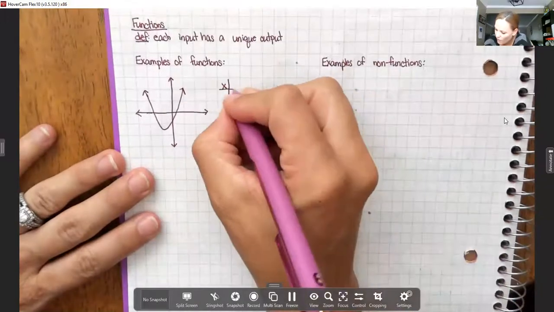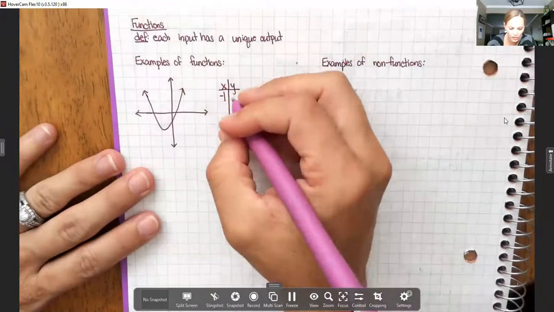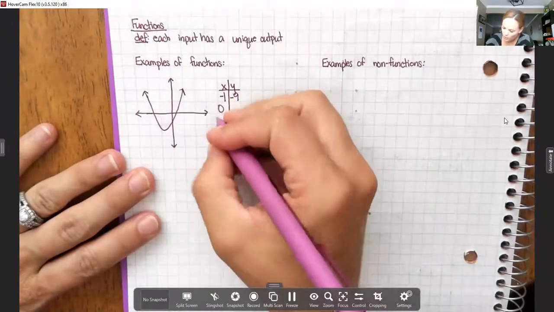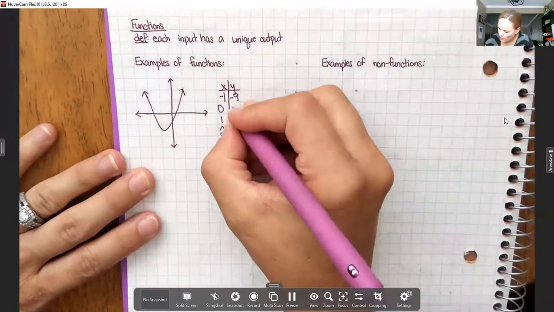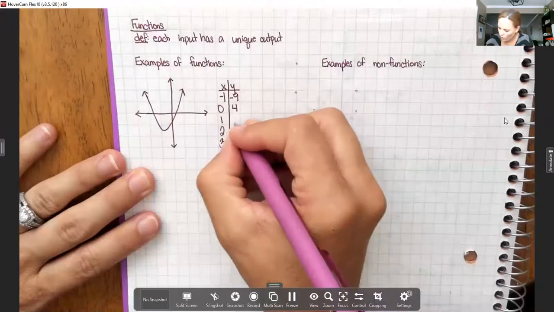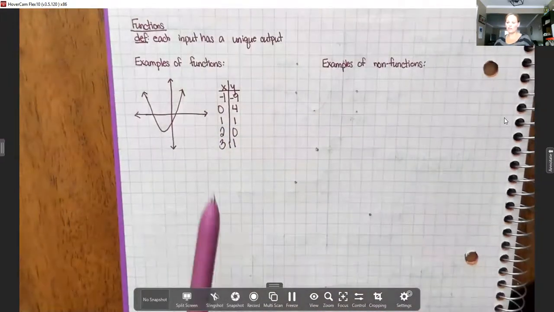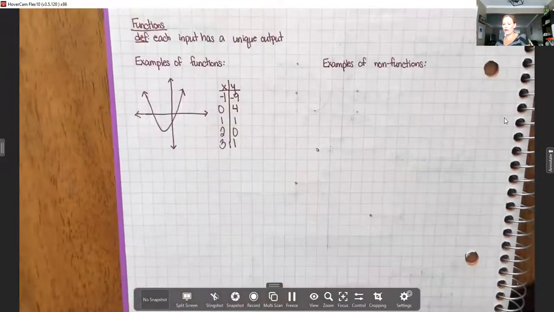If you have points listed in a table, like -1, -9, 0, 4, 1, 1, 2, 0, 3, 1, that's a function. Each input is x, so each x has a unique output.